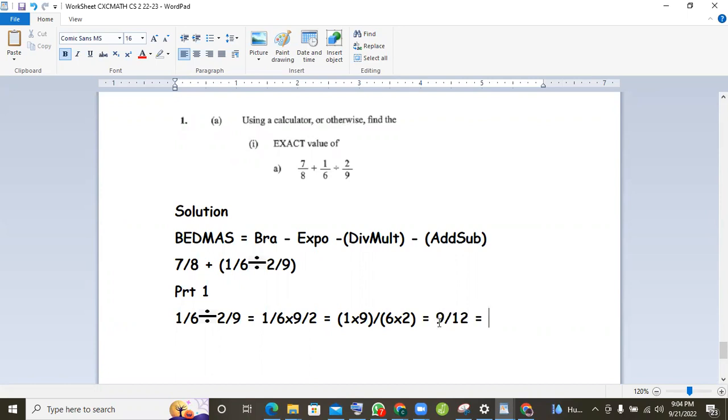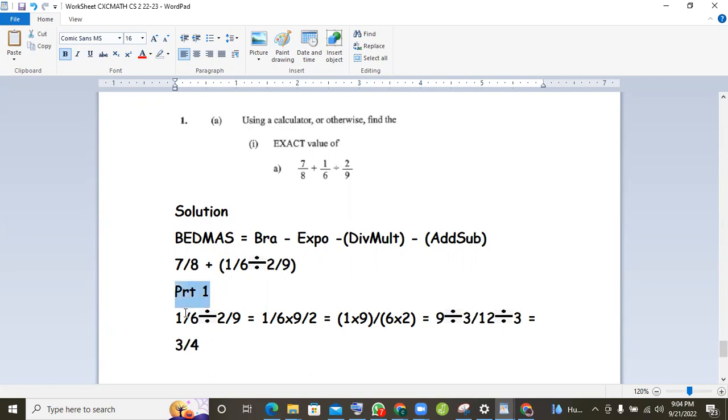We can divide 9 by 3 and 12 by 3. 9 divided by 3 is 3, 12 divided by 3 is 4. So you have 3/4. And you can call this part 2 now.